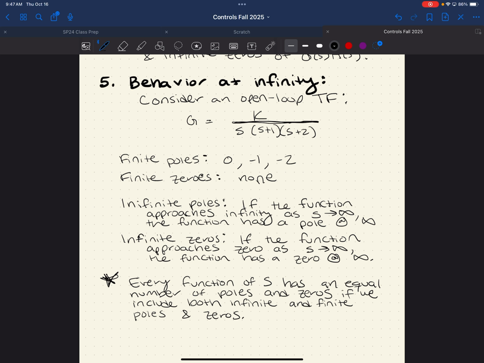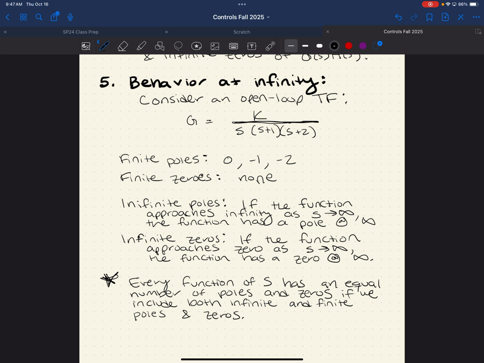So if we add up finite and infinite poles, we need the same number of finite plus infinite zeros. We know there's 3 finite poles, no infinite poles. So we know there must be a matching number of zeros. And since they don't exist as finite zeros, they must exist as infinite zeros.